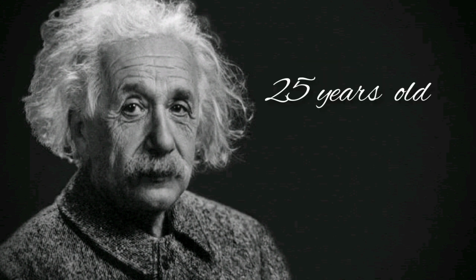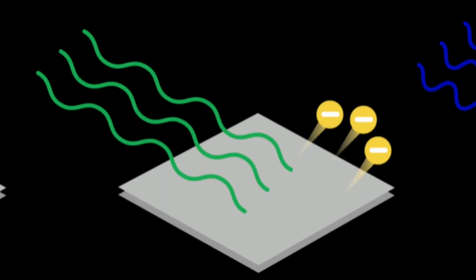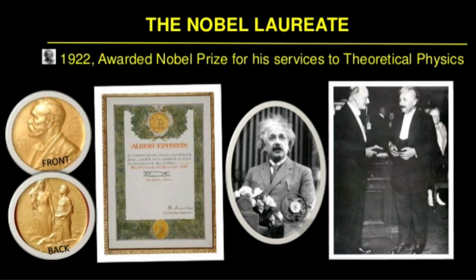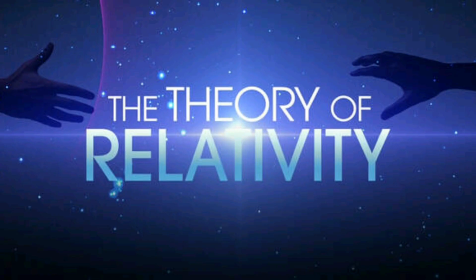It was 1905 when Albert Einstein was 25 years old. Before 1905, we actually did not know who he was. He became popular by publishing three papers: the analysis of Brownian motion, second, the photoelectric effect, for which he won the Nobel Prize, and third, the special theory of relativity.